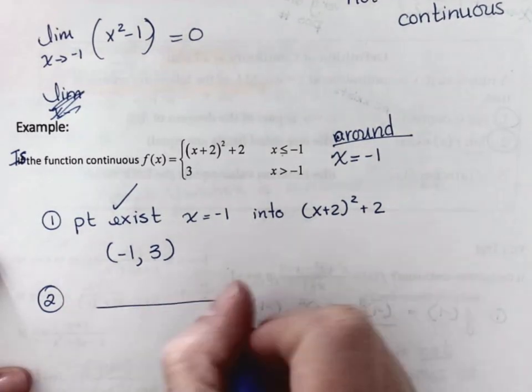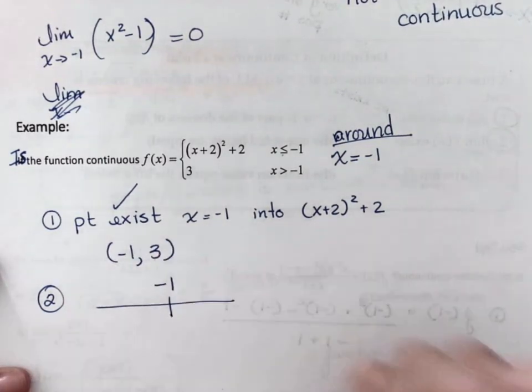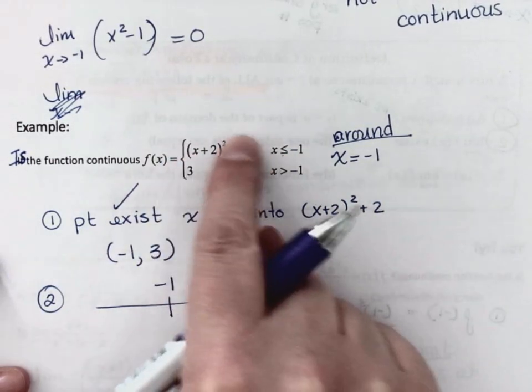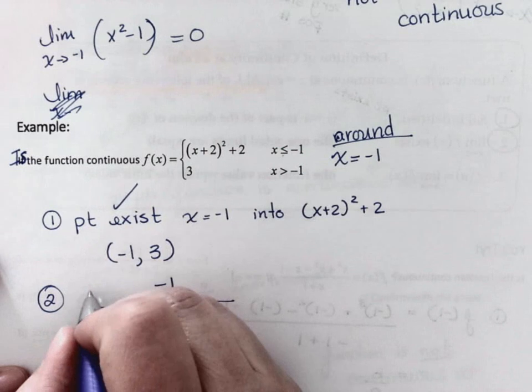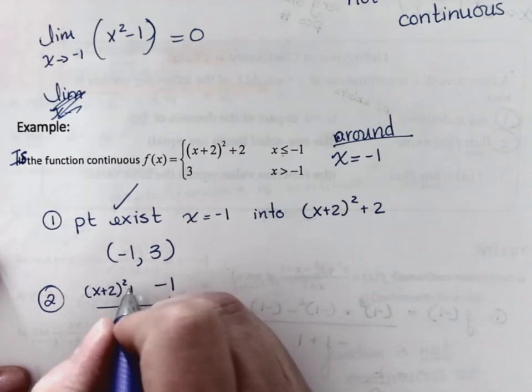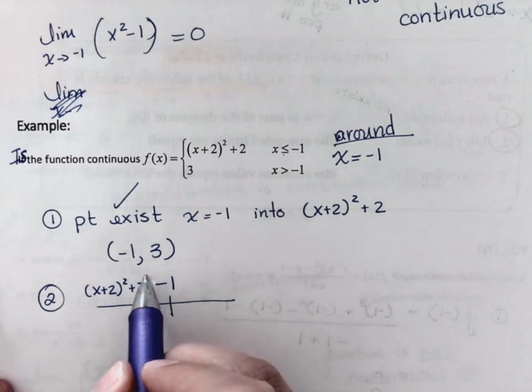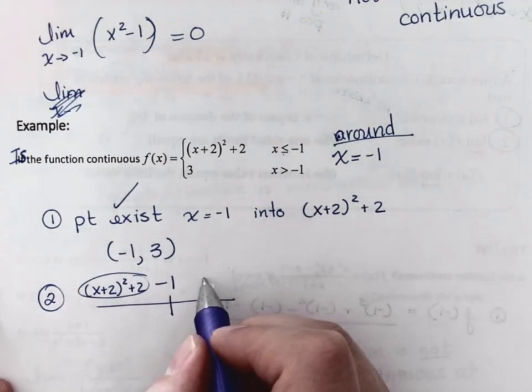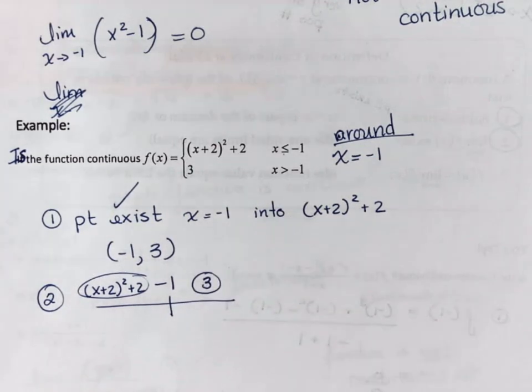So if I have a number line here and I have -1, we know x less than or equal to -1 is this function. So that would be on the left-hand side. And we know that on the right-hand side, x greater than -1, is going to be the function 3, which is just a constant function. Y equals 3 is just going to be a horizontal line crossing my graph.